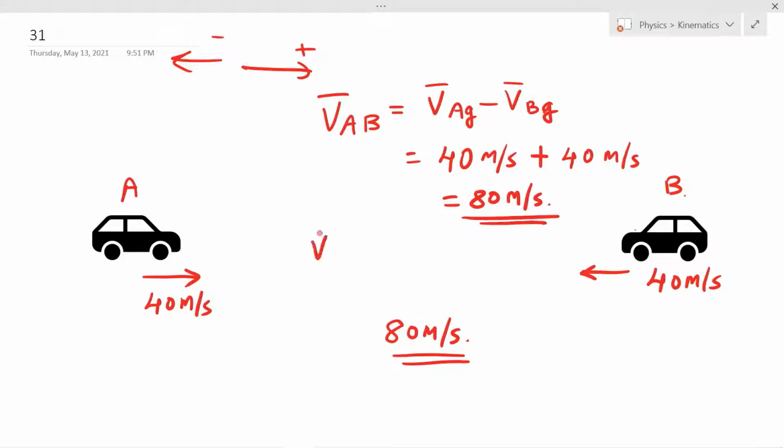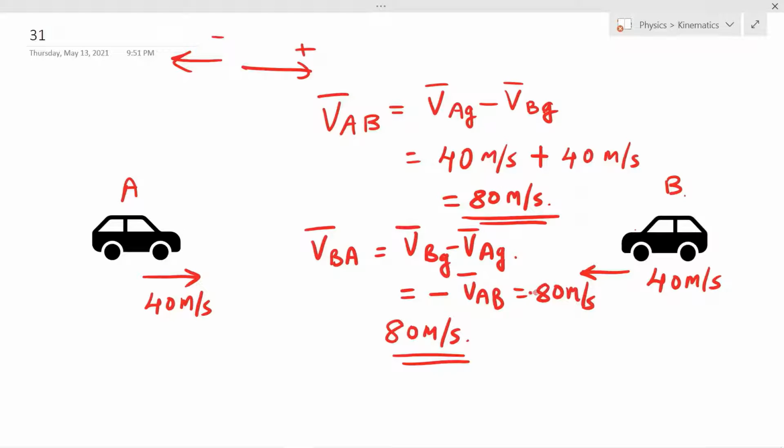And similarly, V bar BA will be V bar B minus V bar A. This is G and this is G, so it is the negative of V bar AB. So this becomes 80 meters per second with a minus sign.